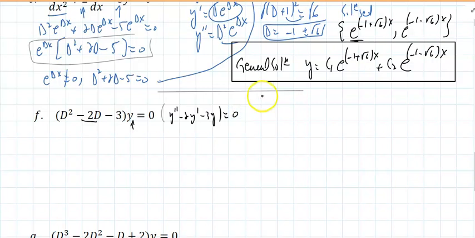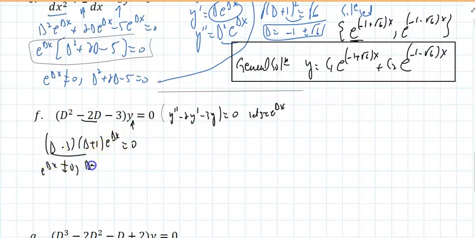Either way, you're going to let y equal e to the dx, and they did the work for you. If you let y equal e to the dx, then you're looking at (d minus 3)(d plus 1) applied to y, which is e to the dx, equaling 0. Well, e to the dx cannot equal 0. It must be that (d minus 3)(d plus 1) equals 0, which indicates that d must be 3 or negative 1.